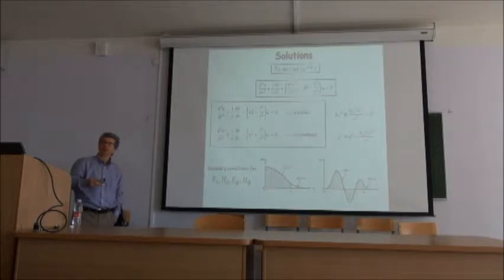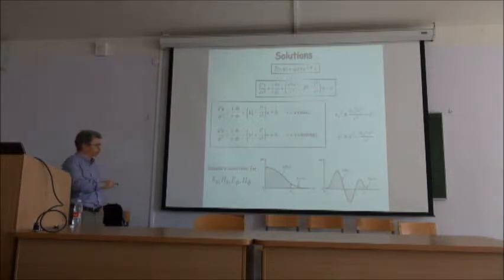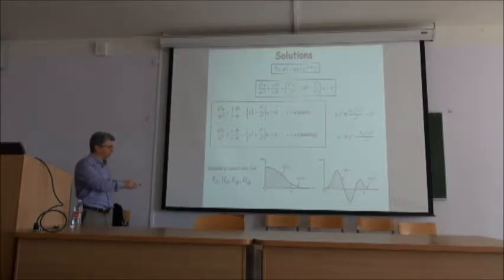For us, it's important that we're going to have to apply boundary conditions between cladding and core. And in order to do that, we're going to in particular be using those components of the electromagnetic field. We're going to use the Z component and the phi components of those vectors.